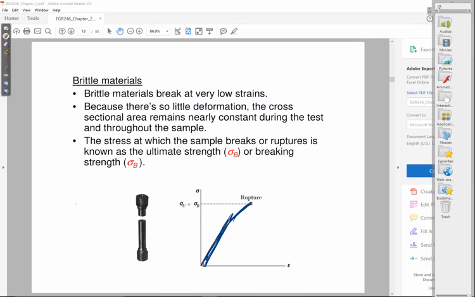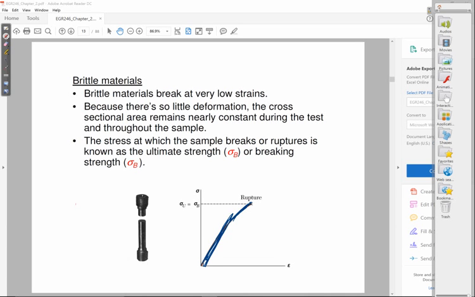And in a brittle material, what that means is there's almost no permanent deformation. Okay, this is a piece of a brittle material. This is probably some kind of a ceramic or something that's broken after doing a tension test. If you put these two pieces back together and measure that length, it will barely be longer than the original length.